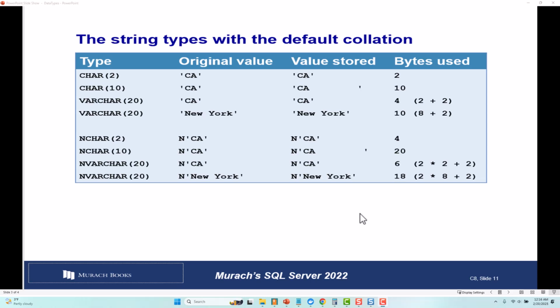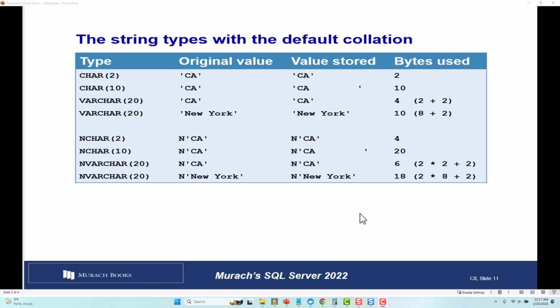So each character that's being stored requires a single byte of storage. If we look at the char 10, each character is going to require a single byte of storage. We have designated 10, therefore we're storing 10, regardless of the fact that we only have CA as our value. It's still going to take up that 10 bytes of storage.